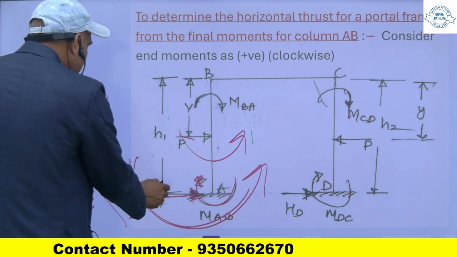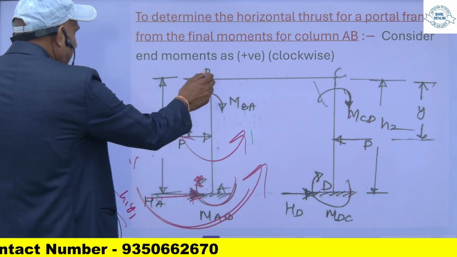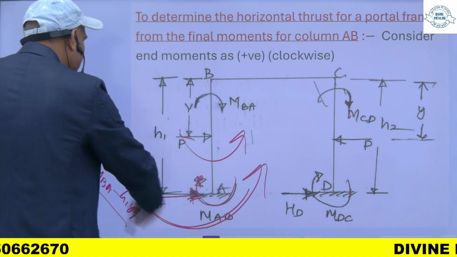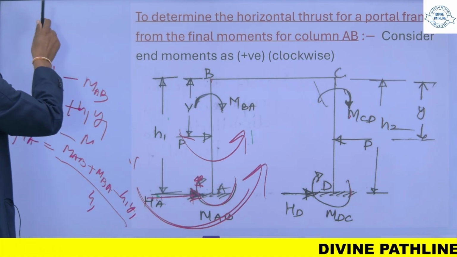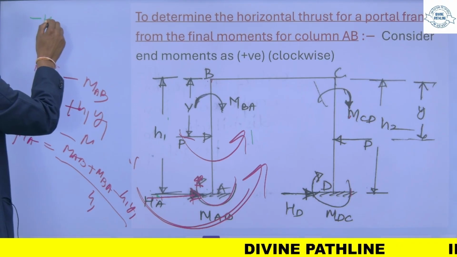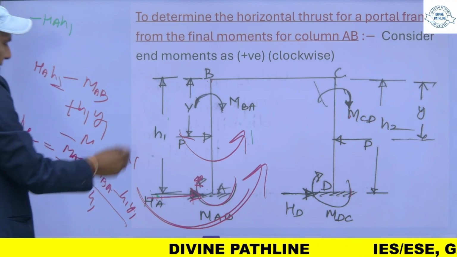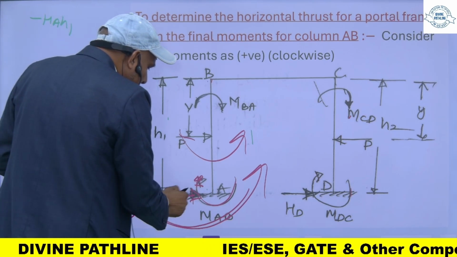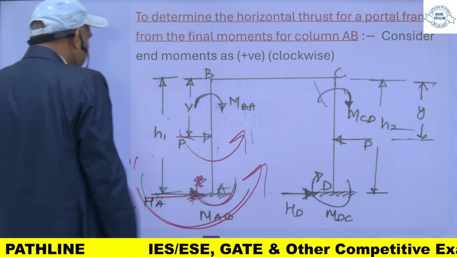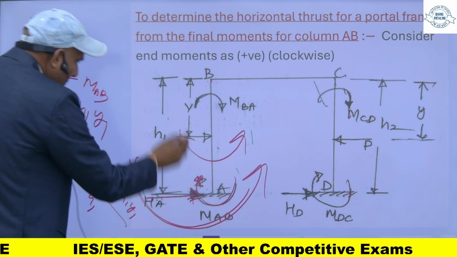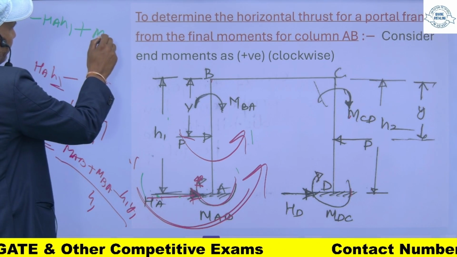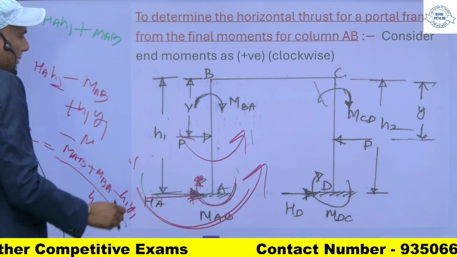Now HA into this height, you are taking moment about this point, so if you consider this as negative, this will be minus HA into H. If you consider this HA moment as negative, then this will be positive, this will be MAB, and this also negative.